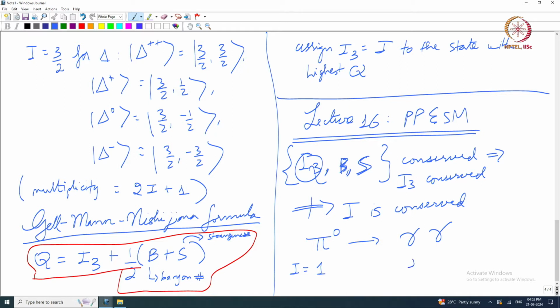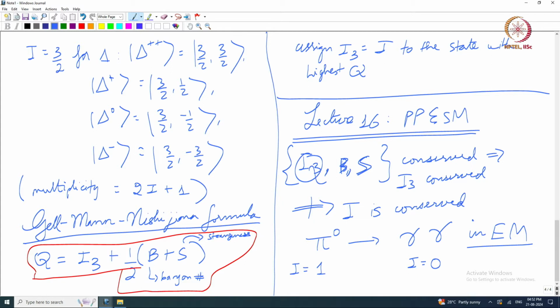It is 0. We only talk about isospin for mesons and baryons, and this is an electromagnetic process. So you do expect strangeness, baryon number and electric charge to be conserved, nonetheless you see that the total I is not conserved.